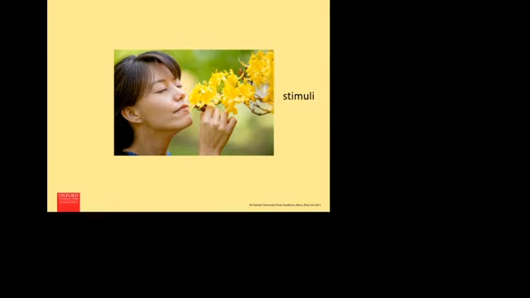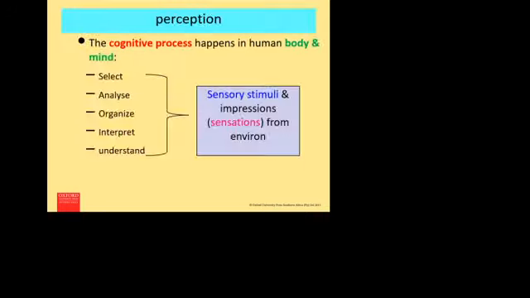For example, we see things through our eyes, we hear voices or sounds through our ears, and we can smell the grass or the flowers through our nose. But that is referring to the senses. How we interpret and perceive the stimuli outside is the act of perception.